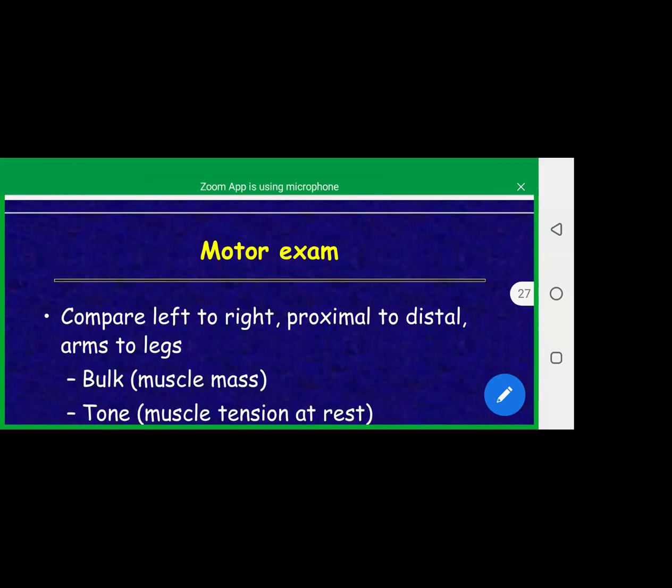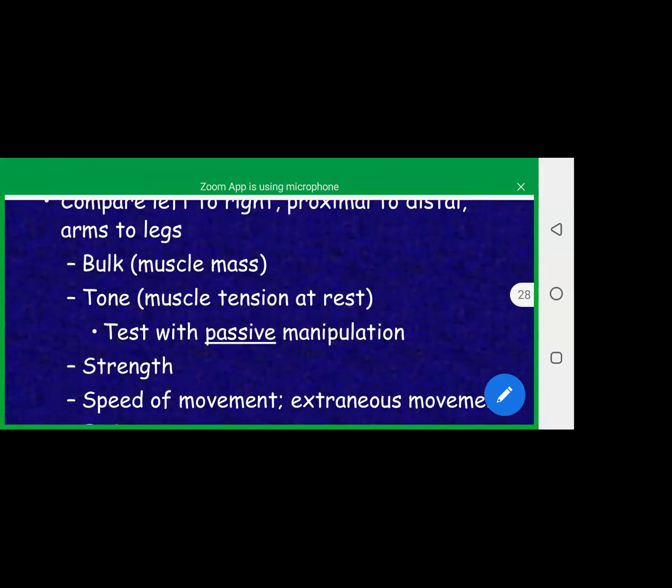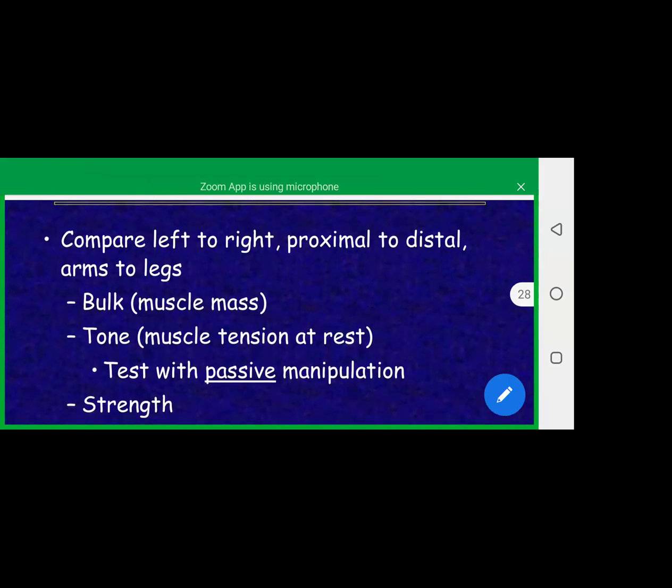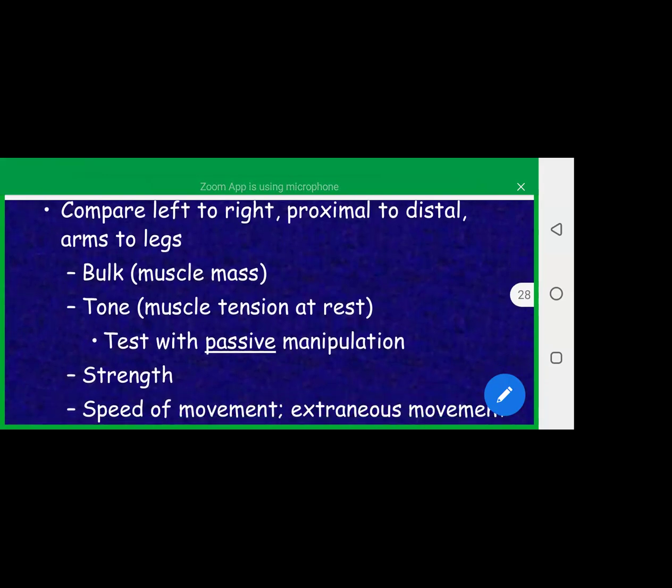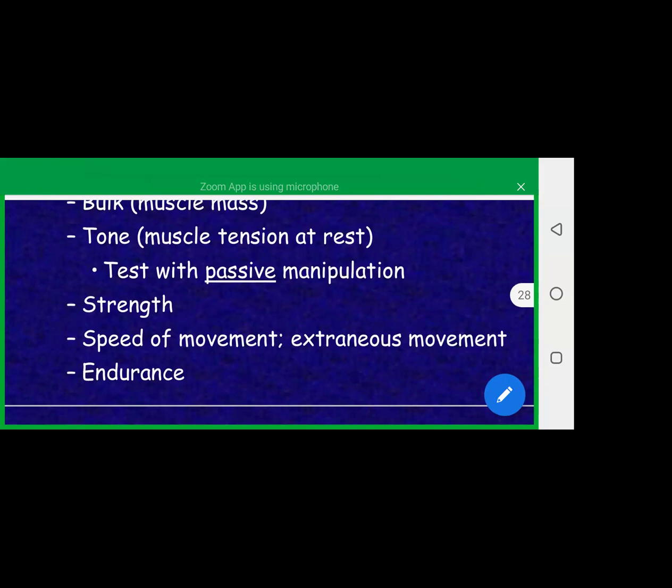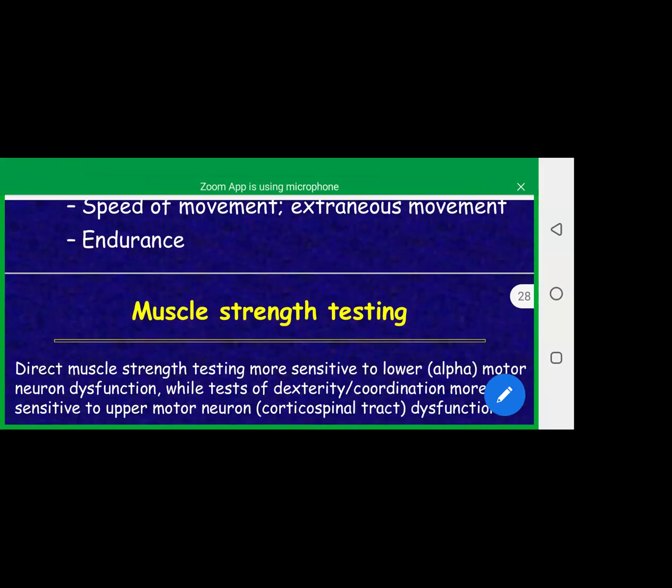Okay, so motor examination. The bulk, muscle bulk, which I told you, you have to look at if there's atrophy or not. The strength, which is the same thing as the power.